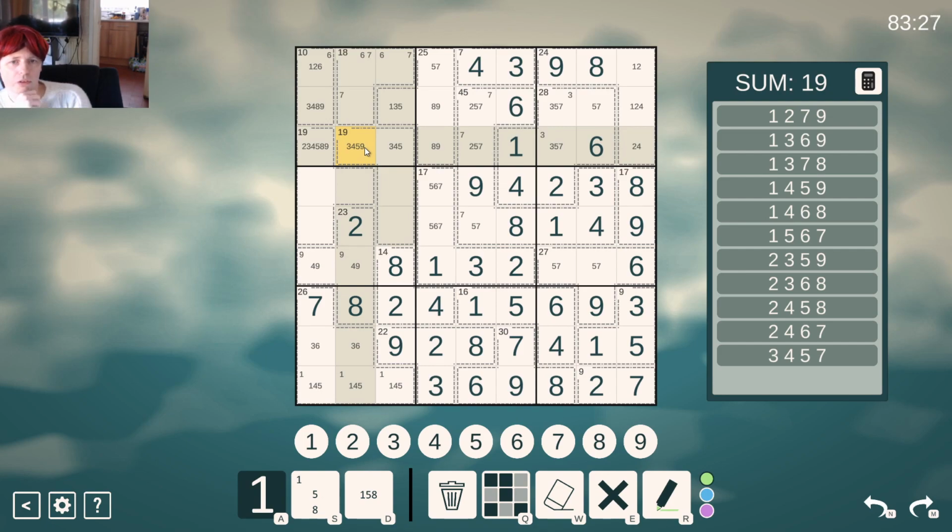Let me not rush into it in case there's something I've missed. One of these needs a 7 in this sort of bottom area. Seven options. Do they contain 2 of 3, 4 and 5? There's one that does, so that's still a possibility. 3, 4, 5, 7.